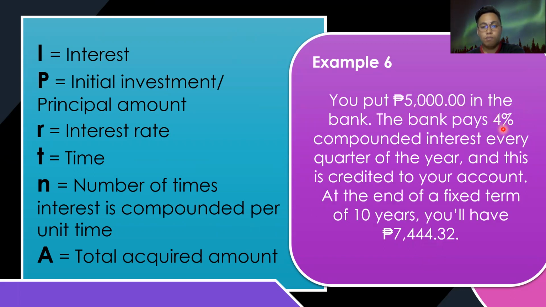The interest rate will be 4%. The time it will be deposited will be 10 years. The n, the number of times the interest is compounded per year, is mentioned in the problem as quarterly, so n is equal to 4. And the total acquired amount will be 7,444 pesos and 32 centavos.